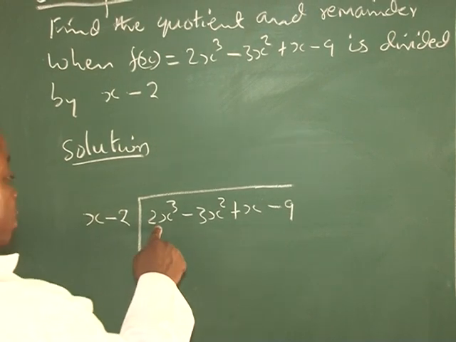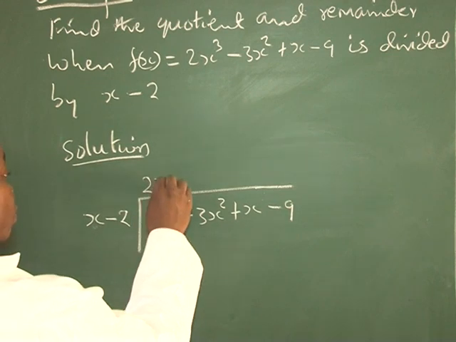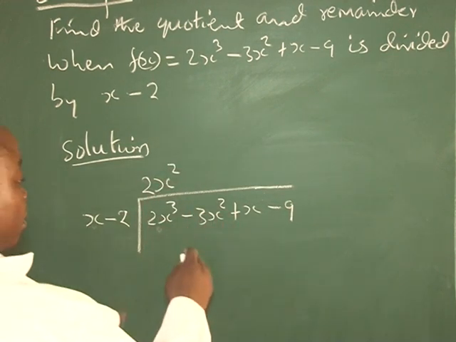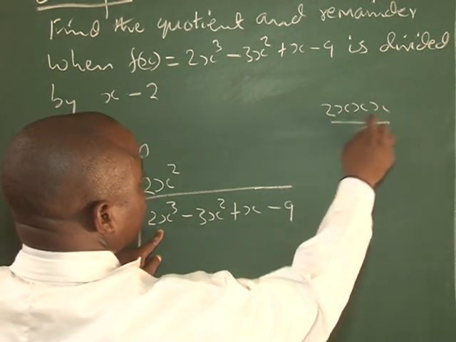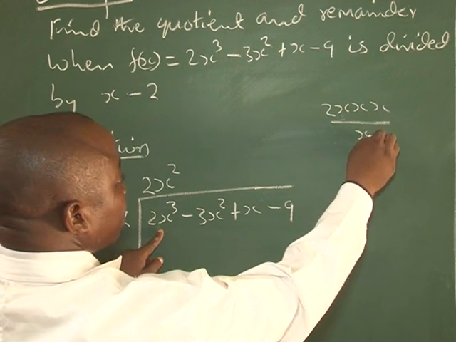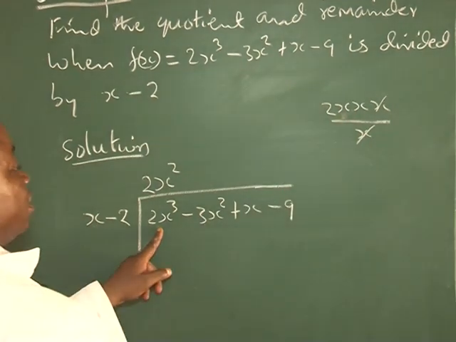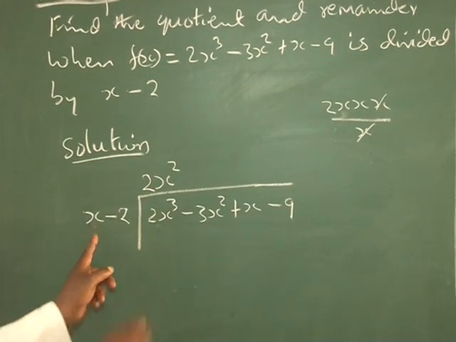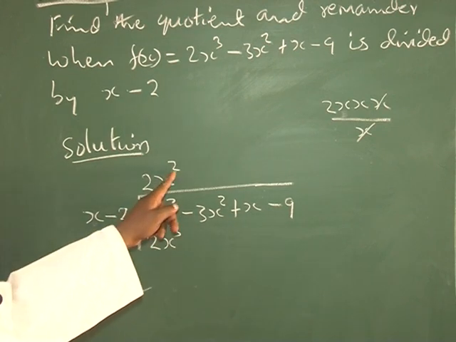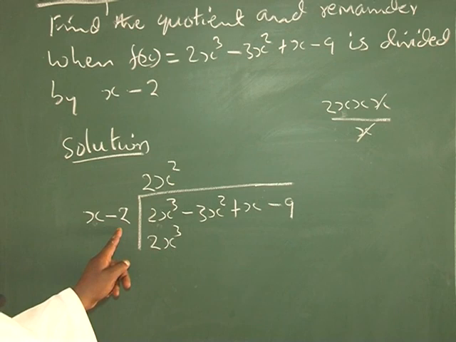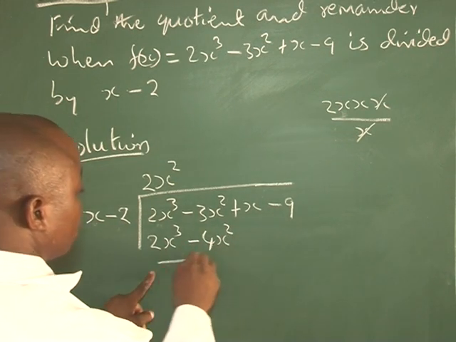Now, x cubed divided by x gives us x squared. How? Because x cubed means x into 3, and we are dividing by x, so this can cancel this. Look at this. So you remain x squared. Now x squared times x gives us back x cubed. X squared times minus 2 gives us minus 2x squared.